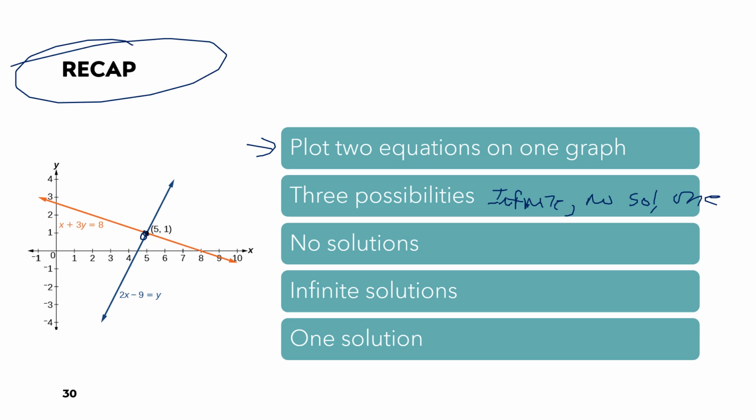So here, one solution. If we had the same line on top of each other, it's infinite. And then if they were parallel, it'd be no solution. So once again, no solutions, infinite solutions, one solution.